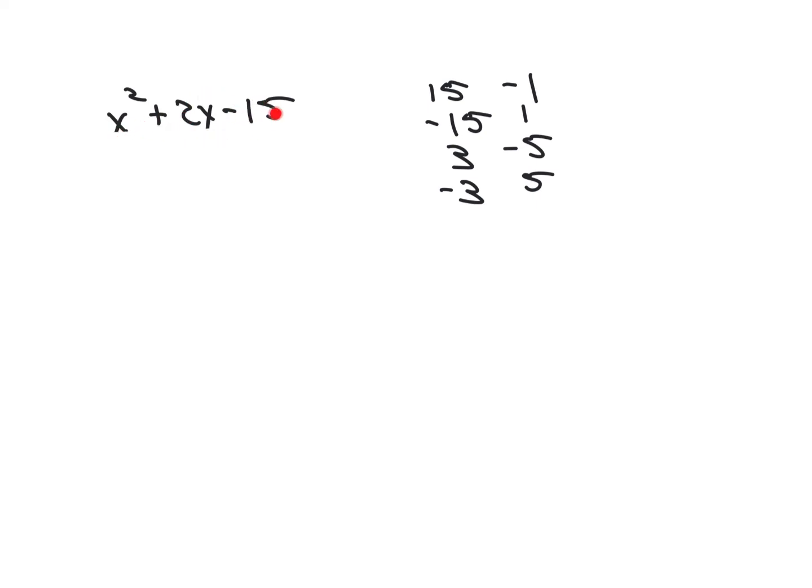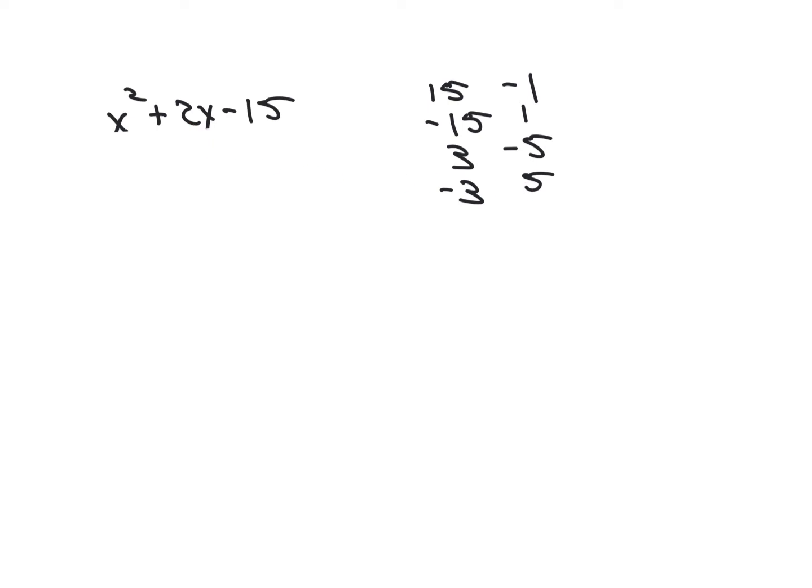Well, the only two numbers that are going to add up to a positive 2, because one's negative and one's positive, is where the biggest number is positive and the smallest number is negative. In this case, 15 minus 1 is 14. That is not 2. The one that works is negative 3 and 5. Negative 3 plus 5 is 2. So I know this one's right. Multiply them, you get negative 15. Add them, you get 2.